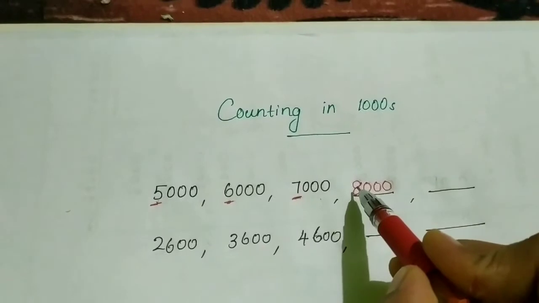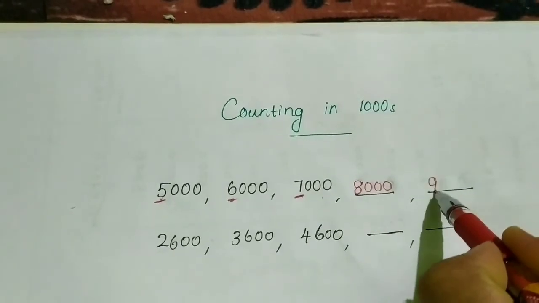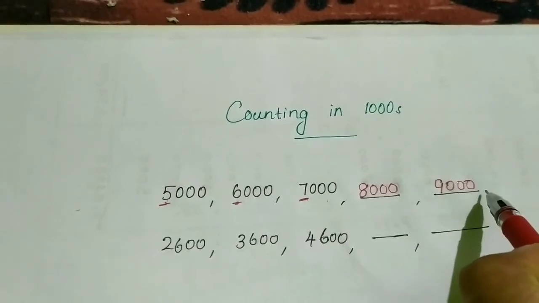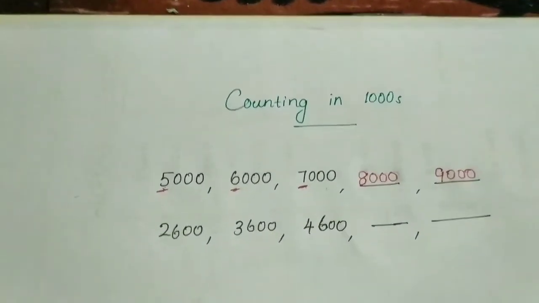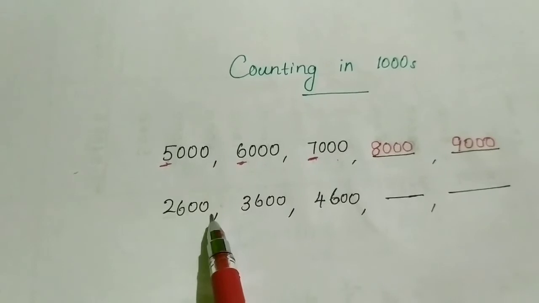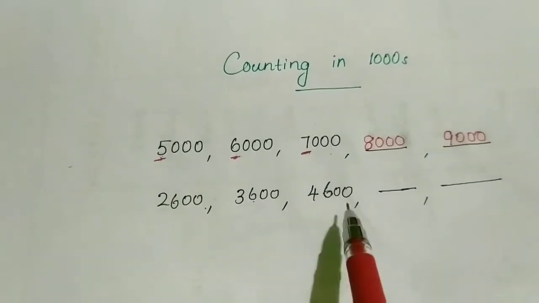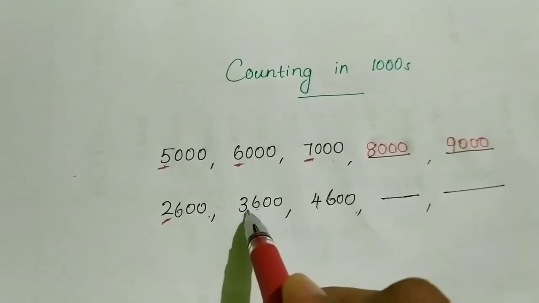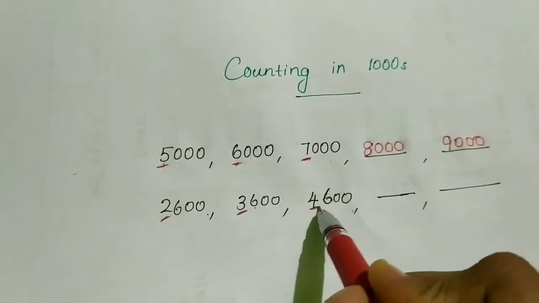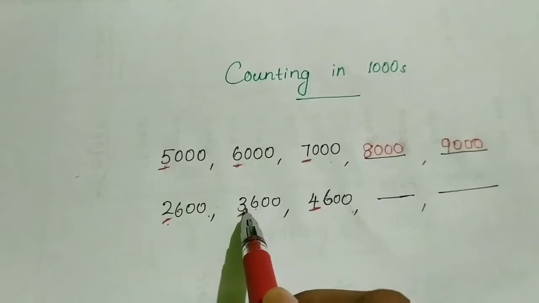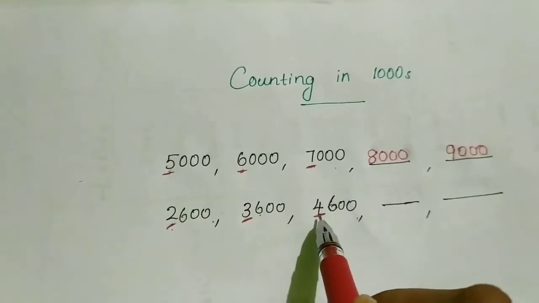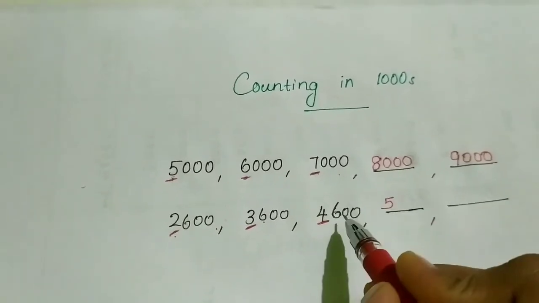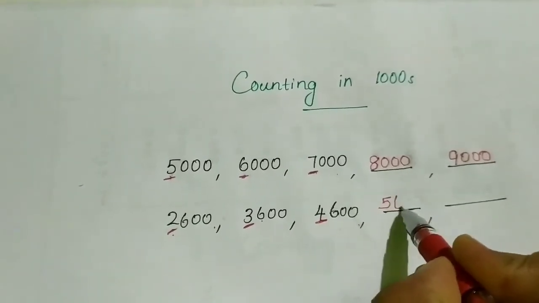Next, 8 plus 1, 9. Other three digits will remain the same. So 9000. Let's see another example. 2600, 3600, 4600. Consider the digits in thousands place. 2 plus 1, 3, 3 plus 1, 4, and here 4 plus 1, 5. 5600.